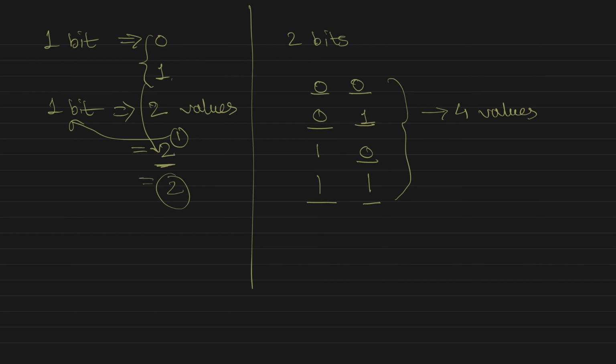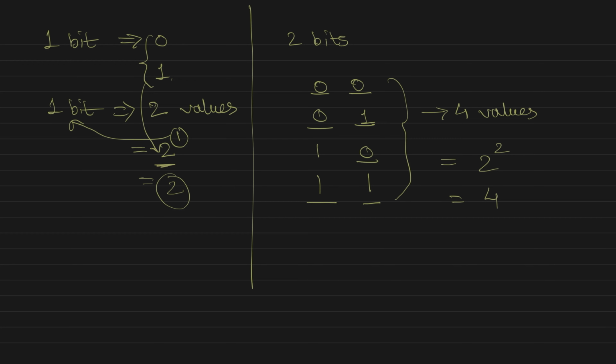If we take the same formula, we have 2 raised to 2, because here we have 2 bits, and that is what we raise 2 to the power of. So here we'll write it as 4.